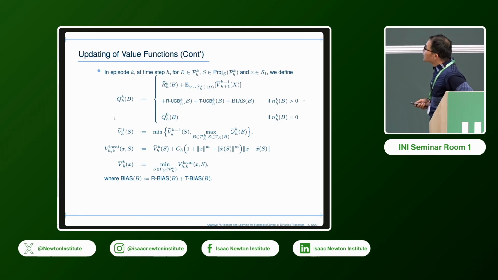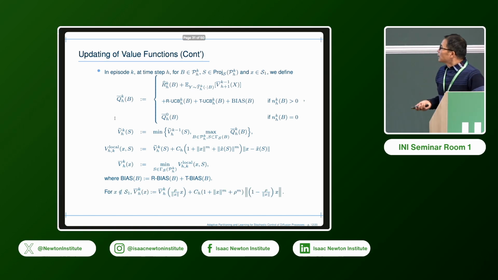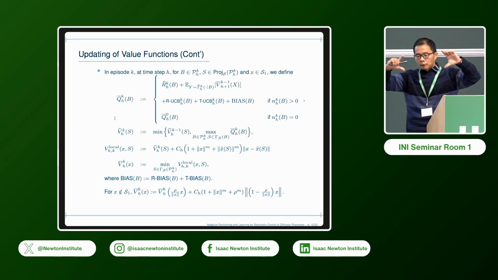So this is the updating for all blocks in our big ball. And if the state goes out of the big ball, then we just use a common upper bound starting from the big ball.